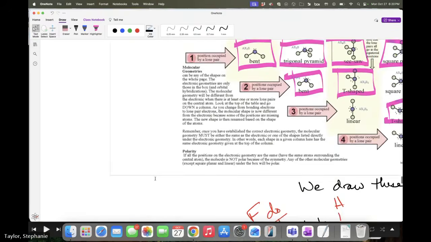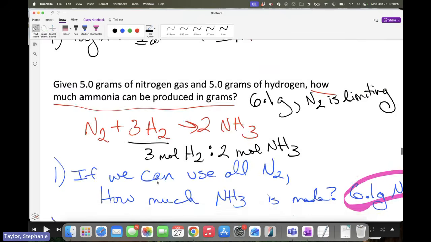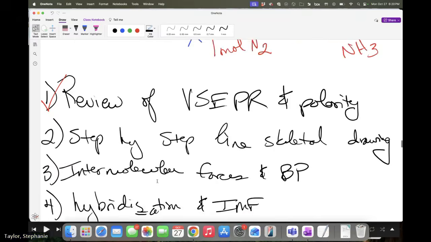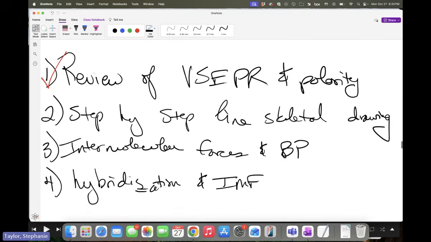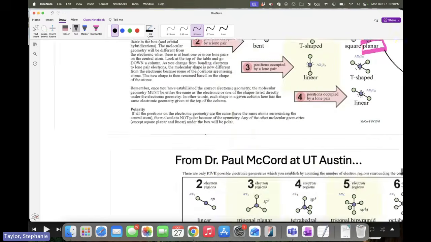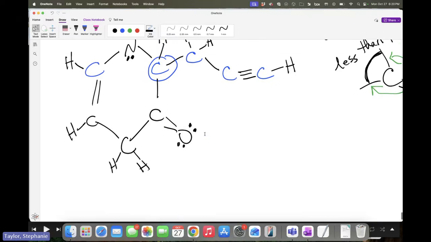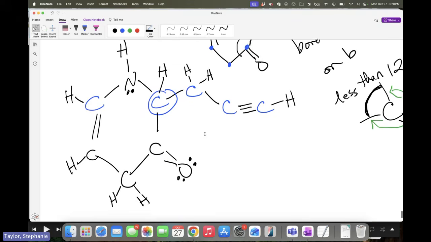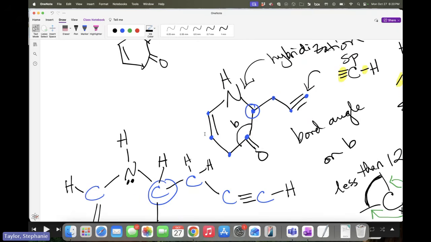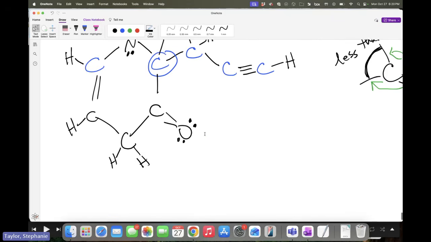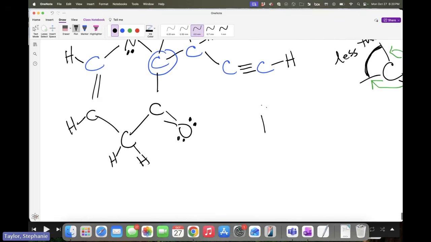So we talked about how to draw step-by-step line skeletal drawings. When it comes to step-by-step line skeletal drawings, I recommend practice. For the steps, I would go ahead and basically add the carbon first.